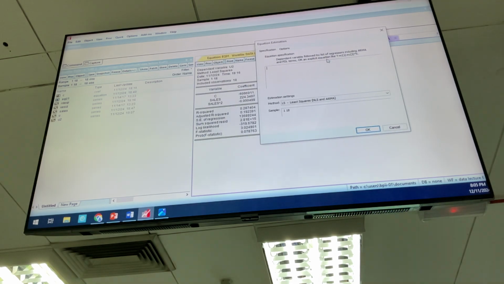So you estimate the transformed equation, that is the R&D expenditure divided by the square root of the sales, square root just SQR, and then the original C now becomes 1 over square root of sales, SQR.